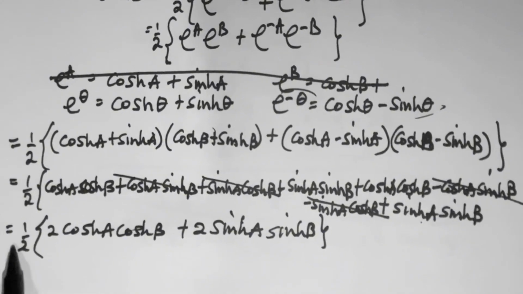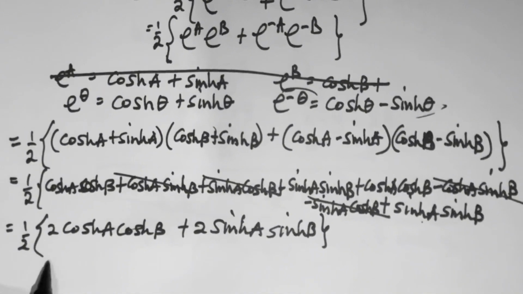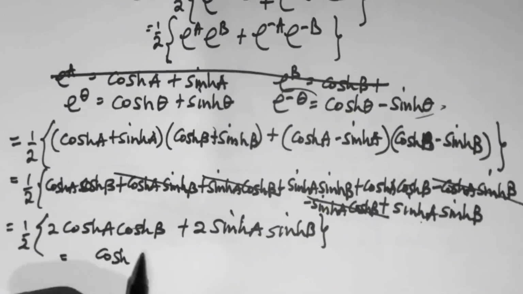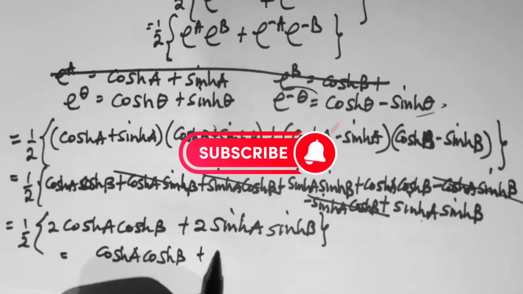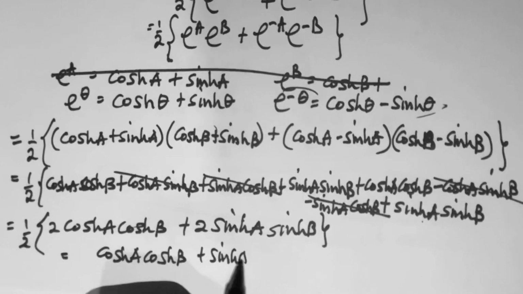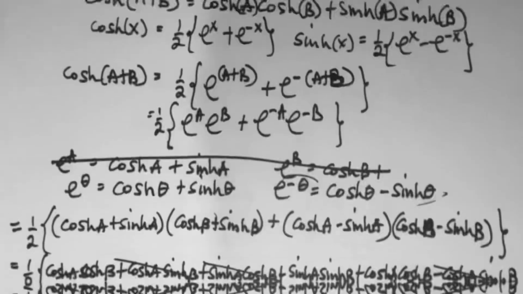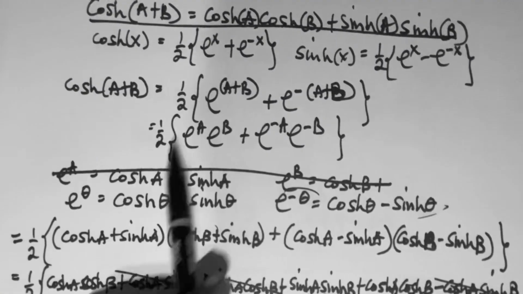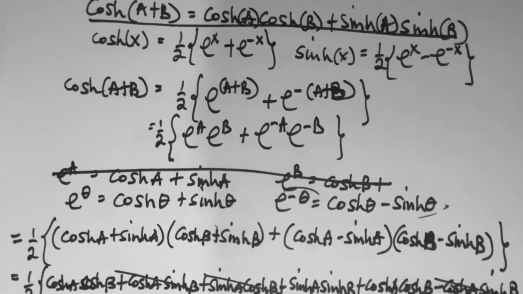Now if we divide through by 2, these 2's go away, so this is equal to cosh A cosh B plus sinh A sinh B, and that is the identity that we started with, a proven identity in hyperbolic functions.